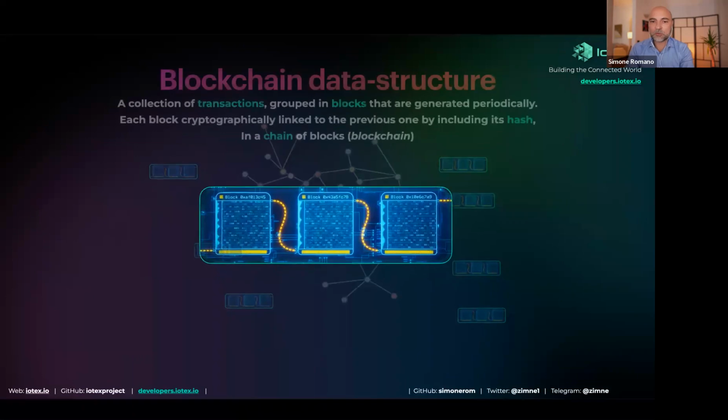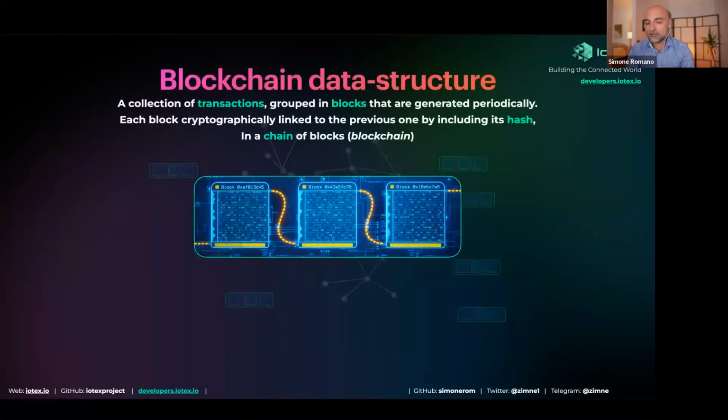Let's take a closer look at how this ledger looks, what data structure we use for the ledger of a blockchain. In a blockchain, you have a certain number of transactions because users of a blockchain want to write data into the ledger. So they send transactions that carry some data and want to store this data in the blockchain.